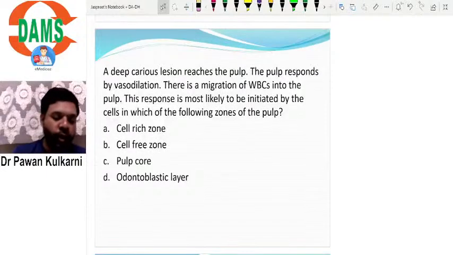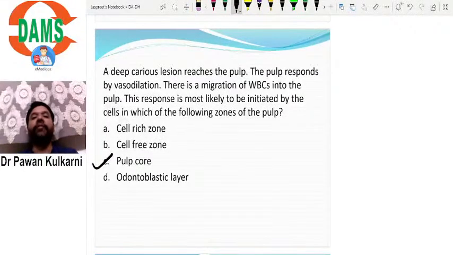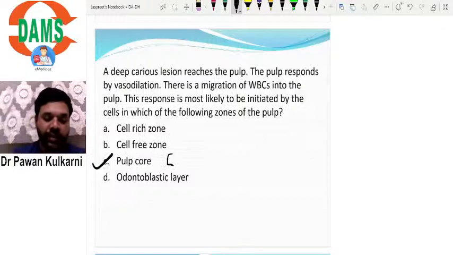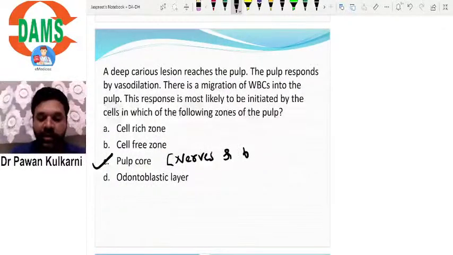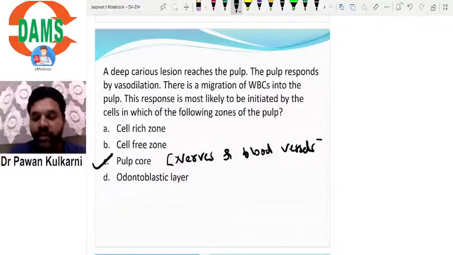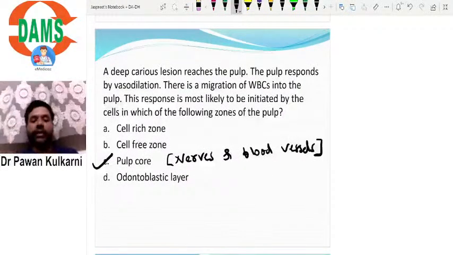So the pulp core is a zone where you will have nerves and blood vessels. There will be major nerves and blood vessels in this layer. Those blood vessels will contain the WBCs, and those WBCs will migrate to the site where there is inflammation.